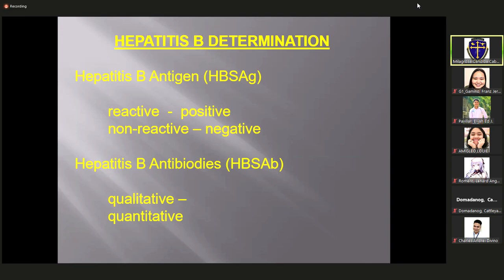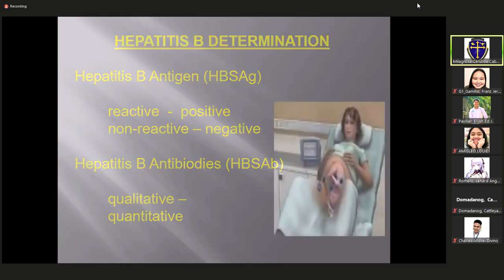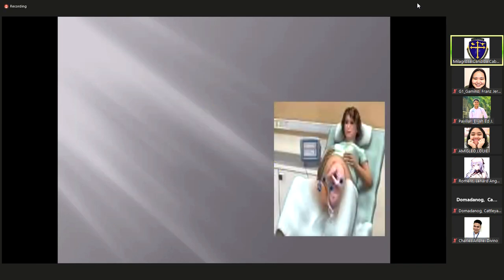But the doctor would really determine, lalo na kung pinapa-hepatitis B antibody kayo, ni-check kung enough na ba yung antibody towards hepatitis B na meron kayo. So you don't need any shots anymore. Kasi yung mga kailangan lang ng hepatitis B shots are those na below ang level ng kanilang antibodies. No? Because you can get infected with hepatitis B if you are exposed to that infectious illness. Alright?